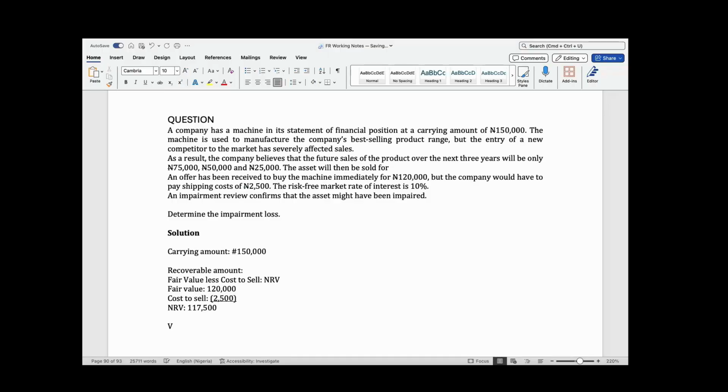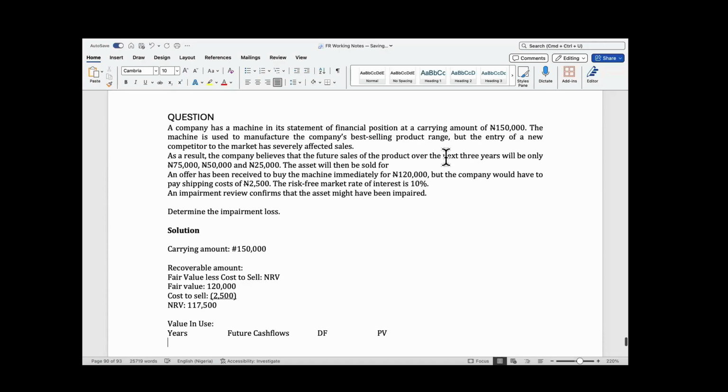Then my value in use is the present value of future cash flows. So I need to present value my future cash flows using a discount rate. I would need a discount factor. When I multiply this discount factor by the future cash flows, it gives me present value.